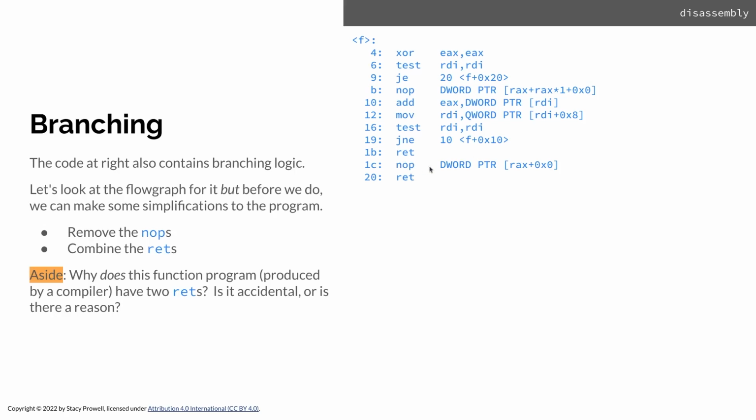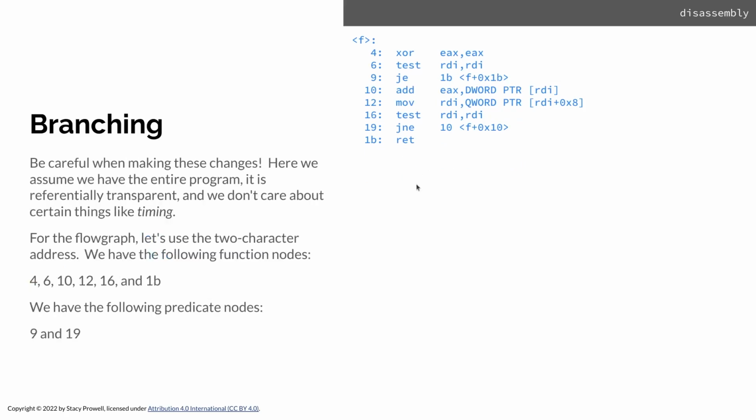But then we need this NOP to fill in the bytes. So that's why we ended up with 2 returns. We don't need all this. We can simplify the code, and let's do that. Throw away the NOPs, throw away the extra return, and we wind up with the code you see right here. Simpler, pretty easy to look at.